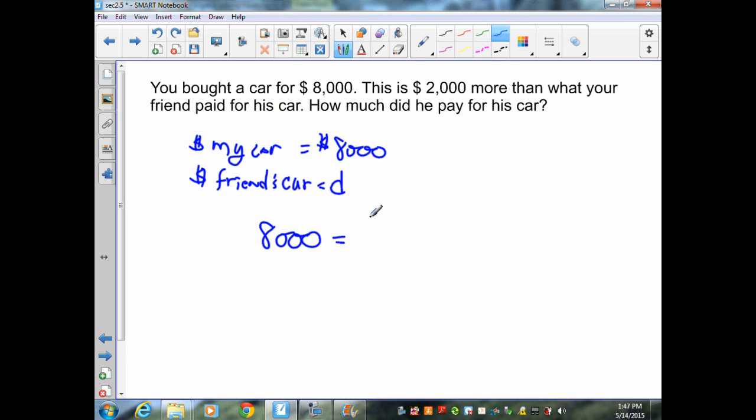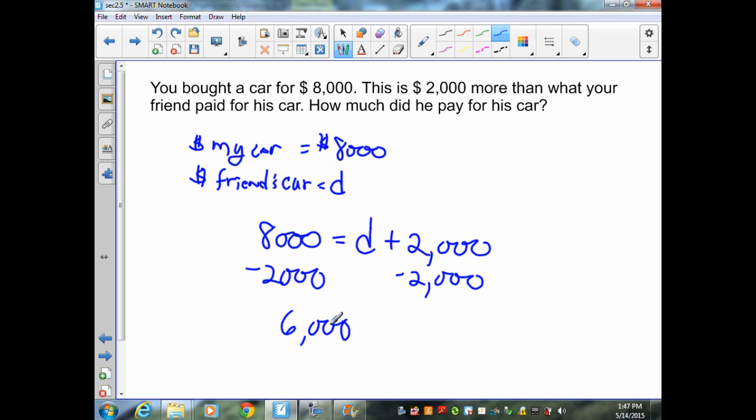The price he paid for his car, D, plus $2,000. Now all I have to do is simplify the equation, which it is. Start on the variable side, which is on the right side. Something's being added to the variable. Subtract it. That's inverse operation. Subtract it. And that gives me $6,000, which is the price of my friend's car.